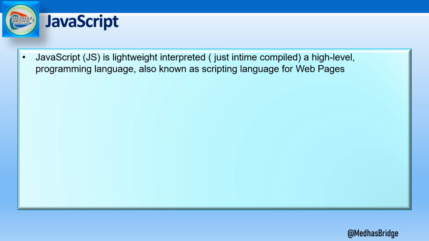JavaScript is a lightweight interpreted, meaning just-in-time compiled, high-level programming language. Since we are using it as a part of web development, we also call it a scripting language for web pages.